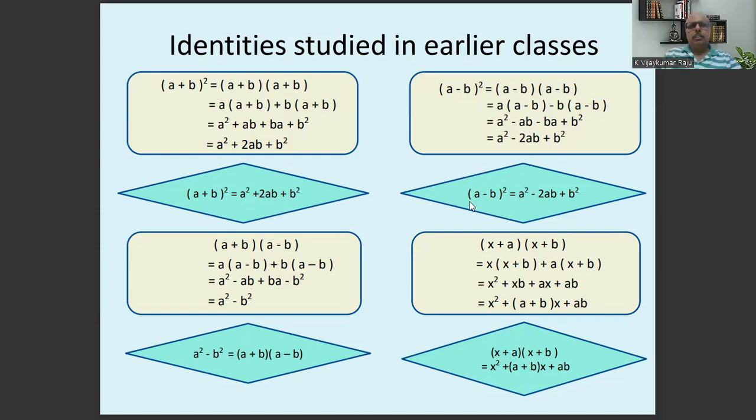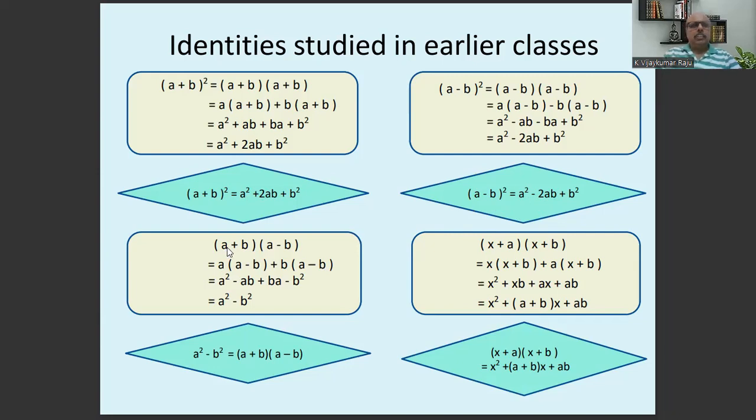If it is a negative sign, the middle term is negative. The first and last terms, because they are squares, are not affected by positive or negative; they will always be positive. So to remember: for (a plus b) whole square, put a plus sign in the middle term. If it is a minus sign, (a minus b), put a minus sign in the middle term.